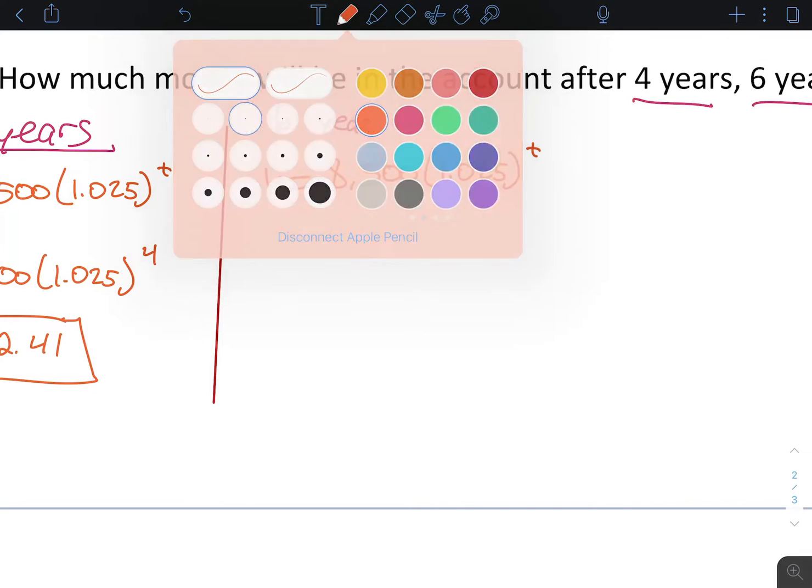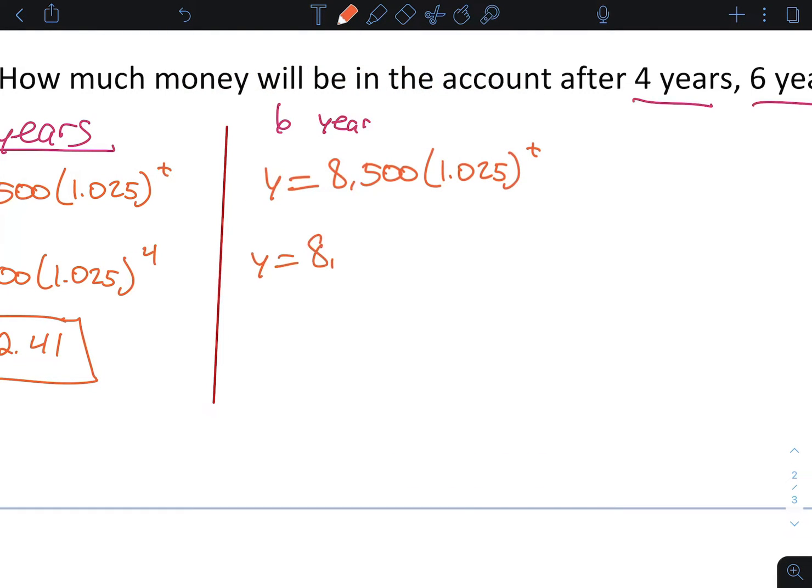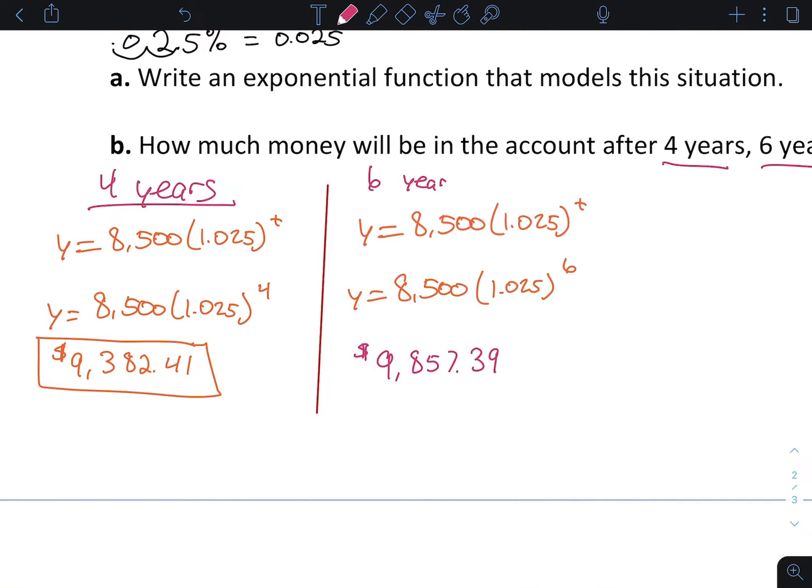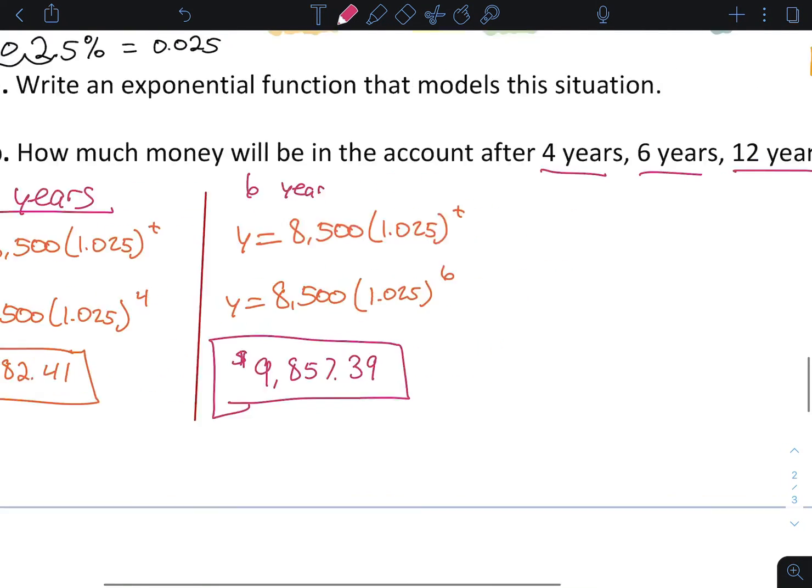So with this here, I want to figure out what happens where instead of having 4 years, we waited 6 years. So same thing, just plug it into your calculator, but instead of saying 4, we say 6, and we'll get 9,857.39. It's not bad. In those 2 years, we gained about a good, what, $500? Just about. It's not too bad.